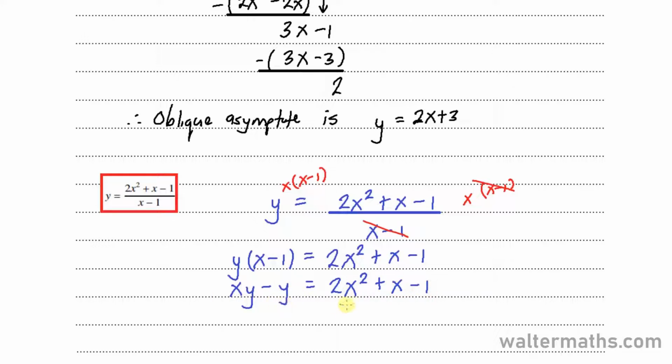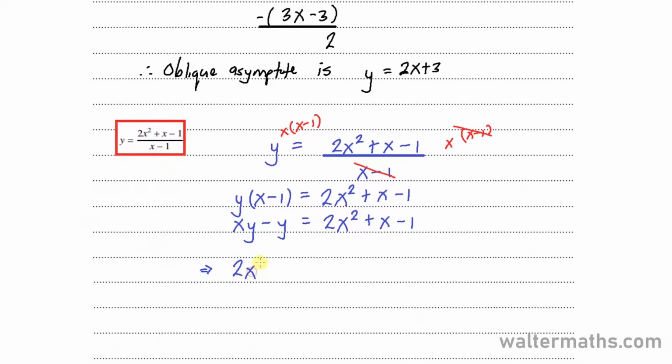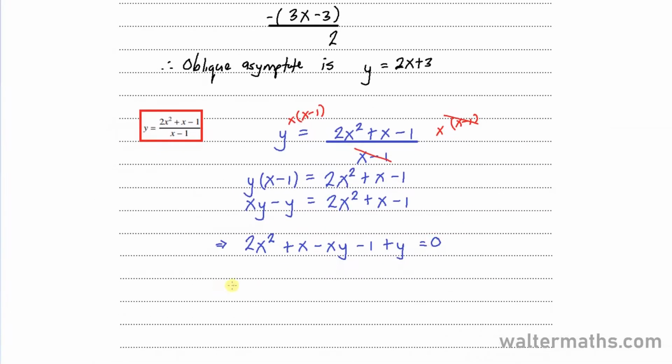So I'm going to take everything to one side, and then I will have 2x squared plus x minus xy minus 1 plus y equal to 0. And finally, if I factor out x, I'll have 2x squared plus (1 minus y) of x plus (y minus 1), and that's all equal to 0.